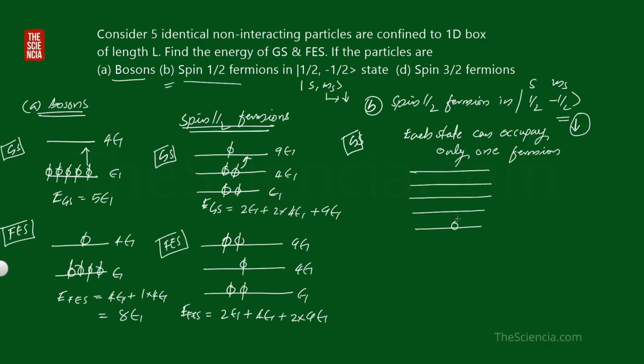So each particle occupies each state. That is, this is the E1 state, 4E1, 9E1, 16E1 and 25E1. So the total energy is the sum of all these energies. That is, the ground state energy will be equal to 55E1.